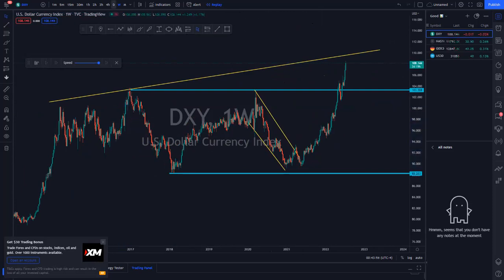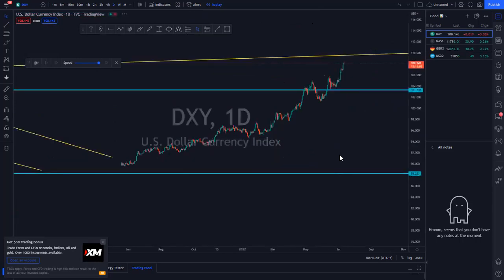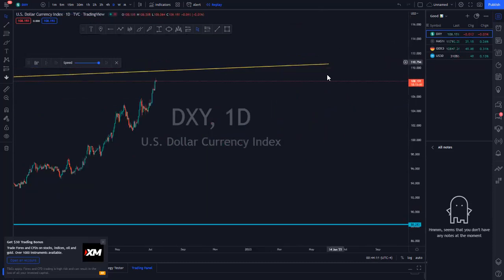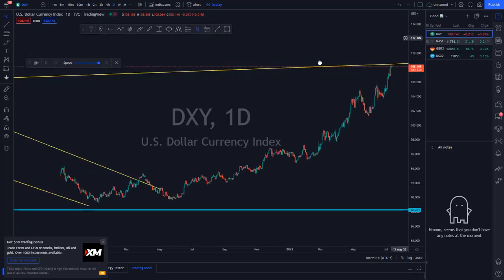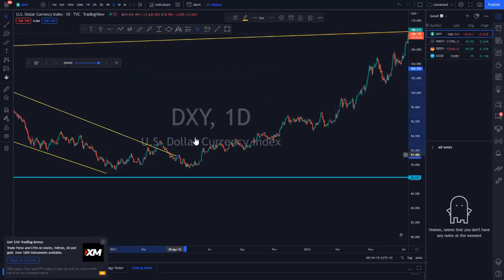And when I check the previous structures, okay, so now I'm gonna go to the daily. On the daily time frame, guys, allow me to remove this line because I know this is the weekly one, so I have to focus on what's happening right now. So what if I was to drop my trend line here? As you could see, price is almost dropping on the level that we're in.